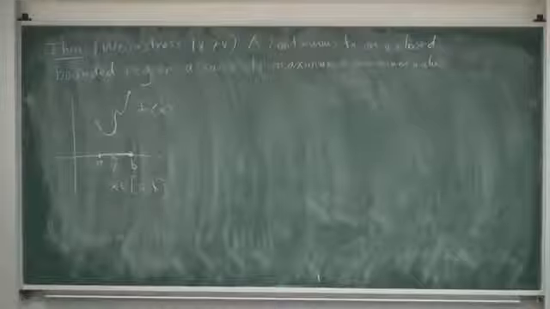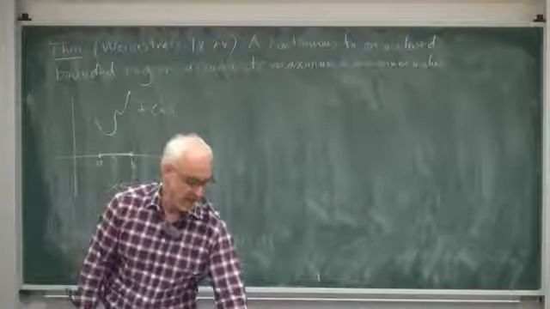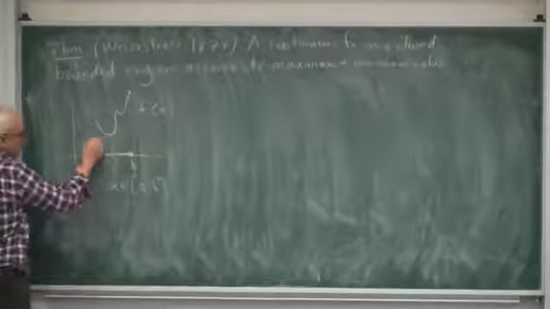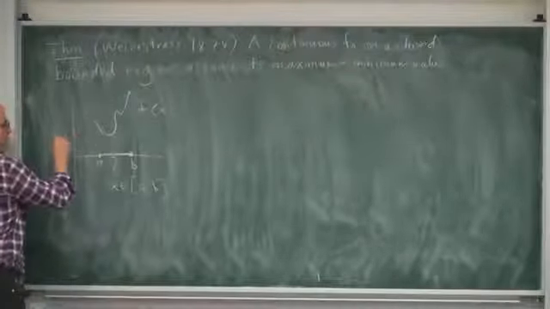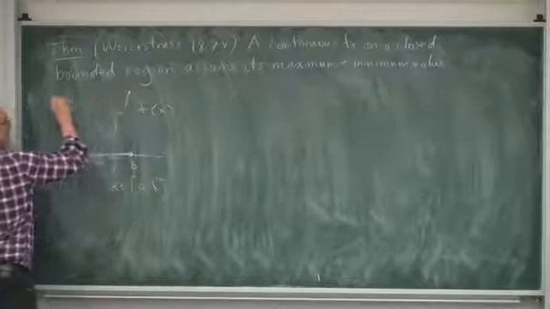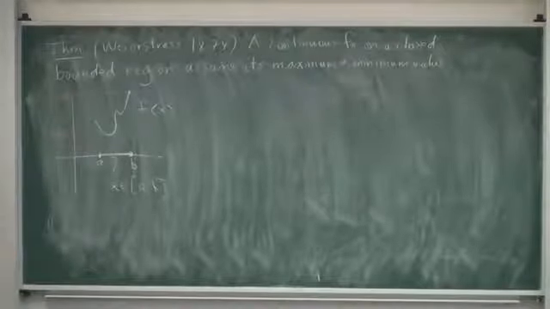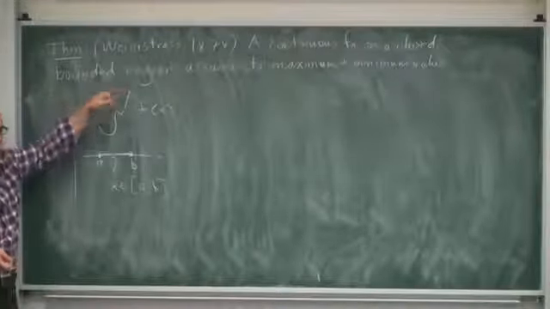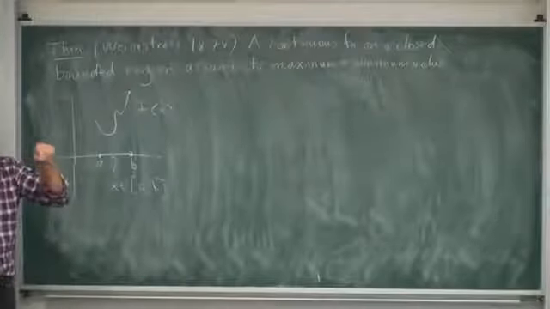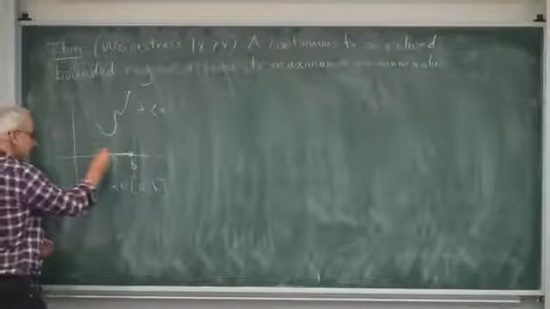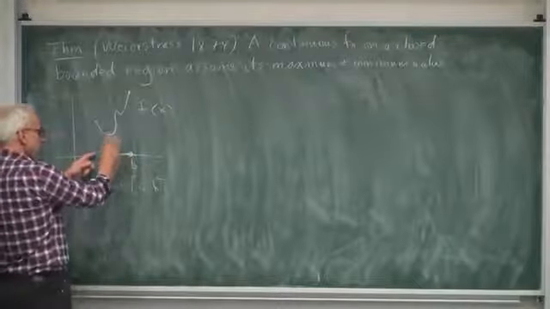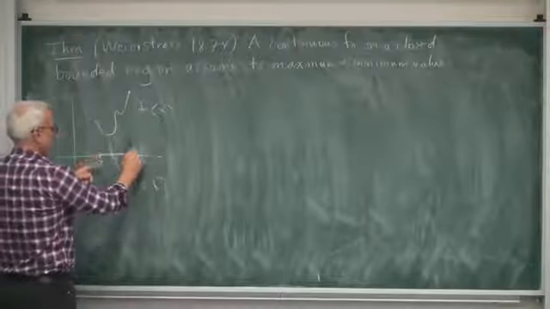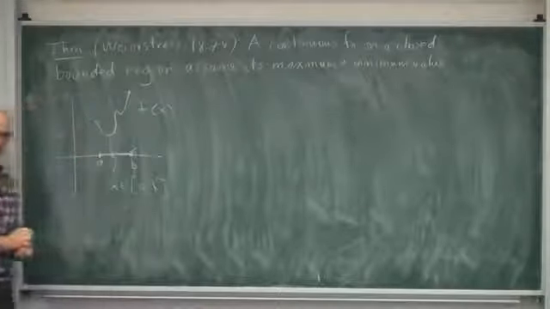And Weierstrass says something about the maximum and minimum values of this function. Here you can see the minimum value is right there, and the maximum value is right there. And the function actually does take on that value. It doesn't just approach that value, it actually takes on the value in the interval. There is some point in the interval, say that one there, where the function takes on the minimum value, and there's some point in the interval, namely this one here, where it takes on the max.